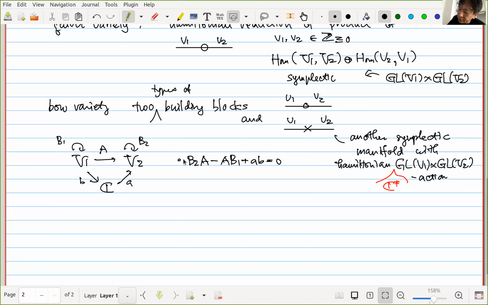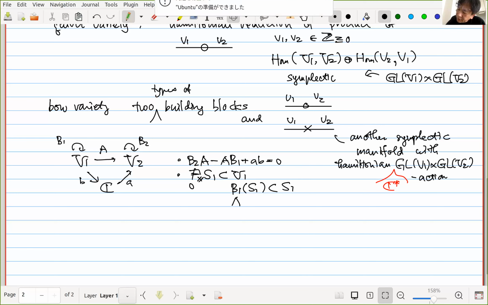This is one equation, and there are two open conditions, a kind of stability condition. There is no non-zero subspace which is invariant under B1 and filled by A and small b.